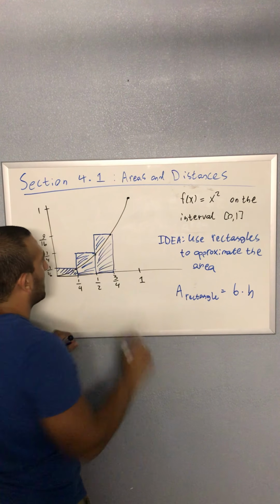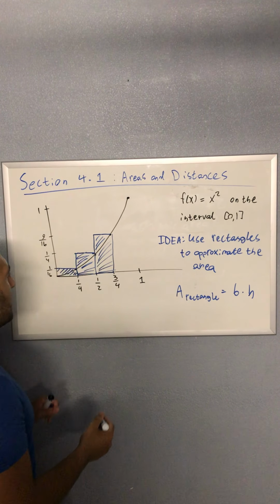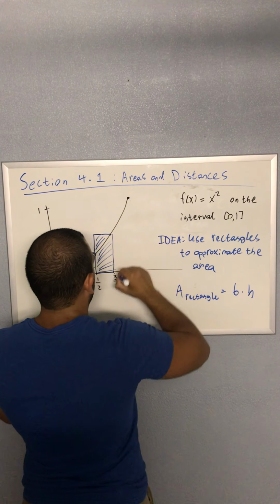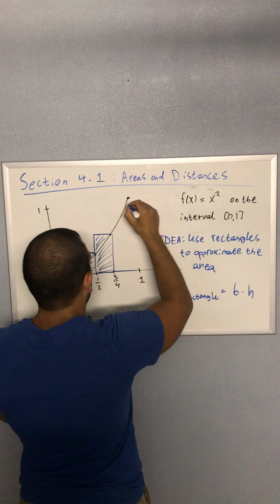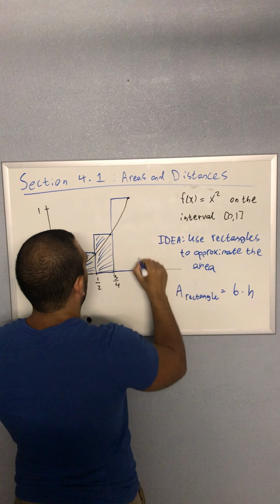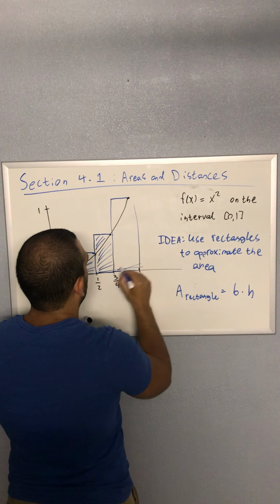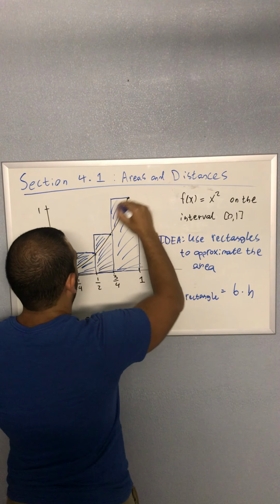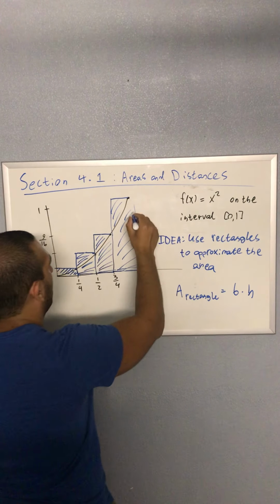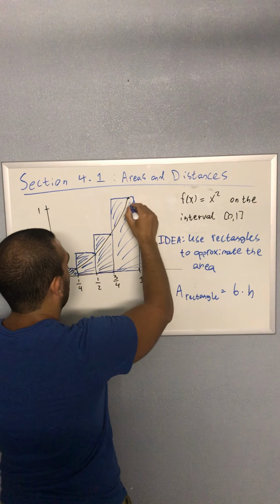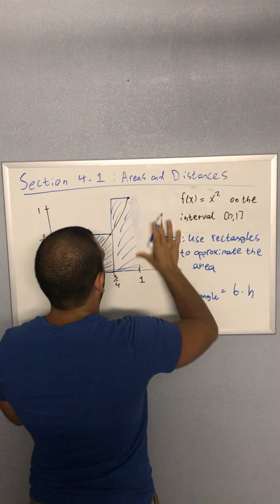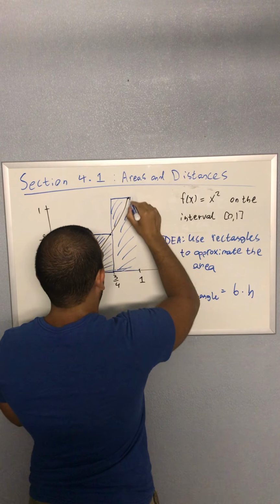So then we get this area, and then last but not least, we take this width again, and the height of 1, and we get this rectangle. So this is roughly the area. Sorry, this should be cut off like right here.